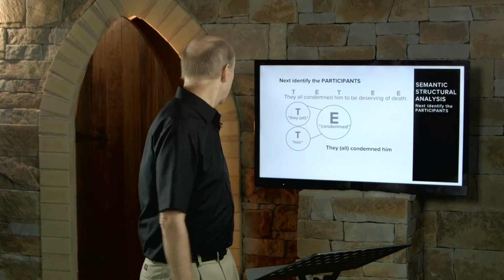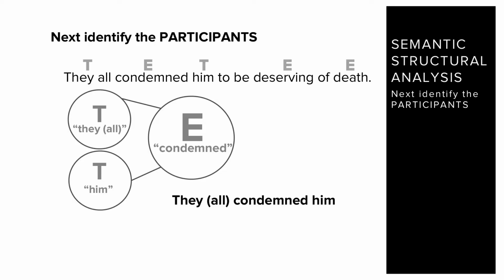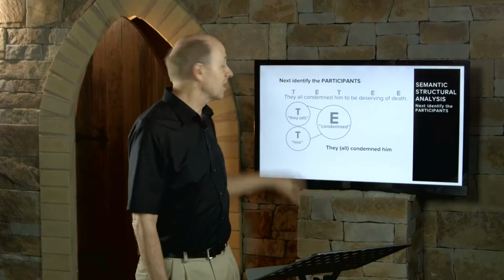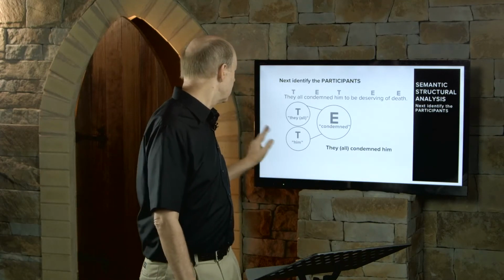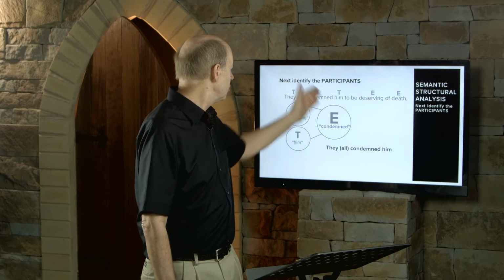In this next example, condemned is the first event. There are two thing concepts associated with it: they all and him. So when we restate this event proposition in its non-skewed form, it's going to come out the same way that it already is in our sentence. That particular one does not have any skewing. They all condemned him. Two more events here.